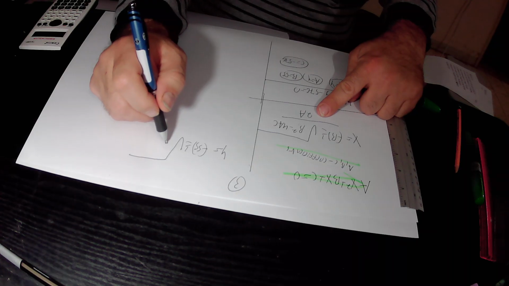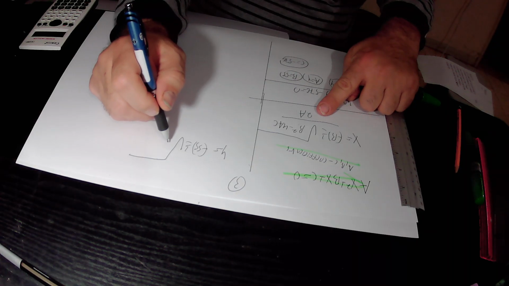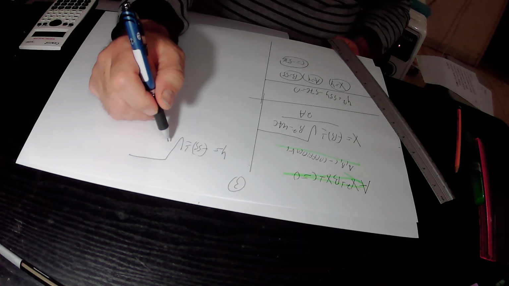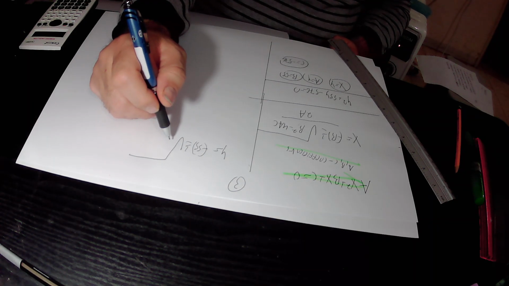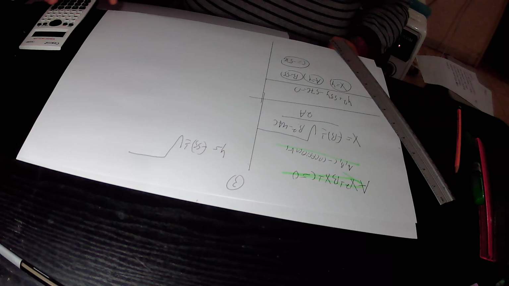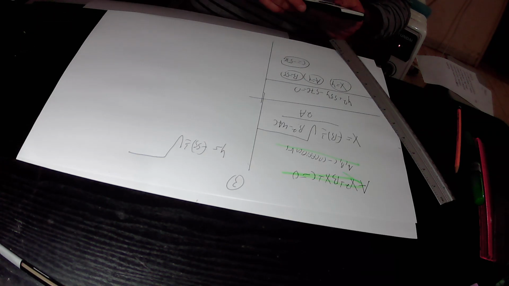B is 55, therefore b squared is 55 squared. 55 squared equals to 3025.